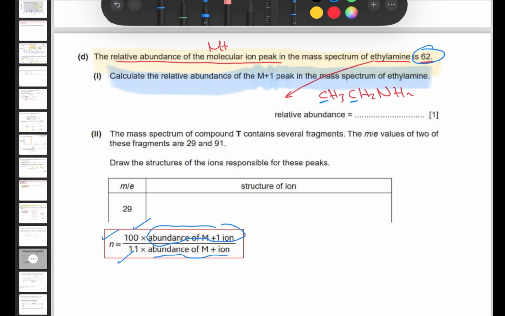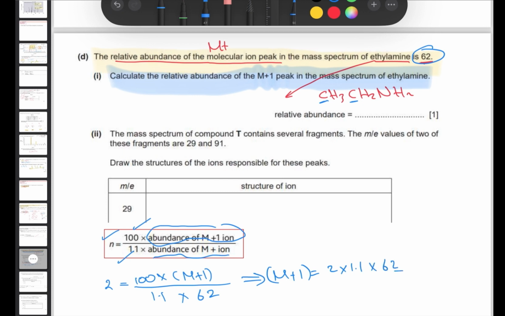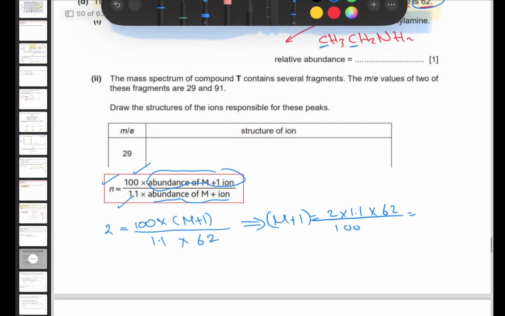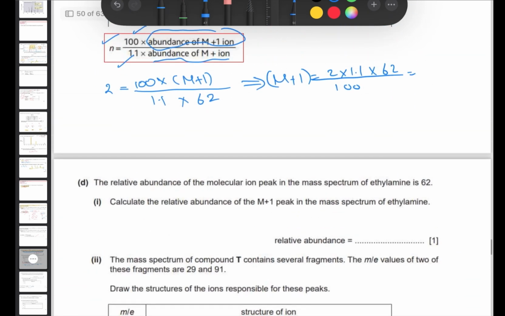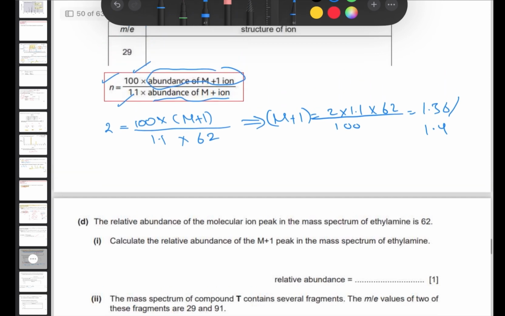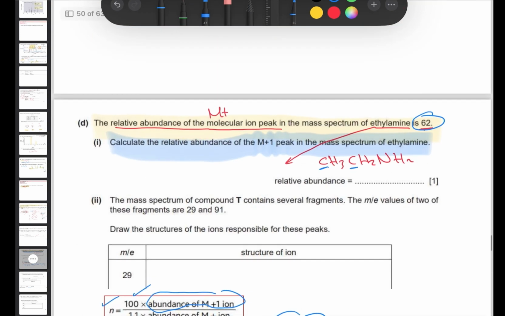So we can say we have 2 carbons, and it's 100 multiplied by M plus 1, which we treat as 1 unit, equals 2 times 1.1 times 62. So M plus 1 is equal to 2 times 1.1 times 62 over 100. The answer is 1.36, or 1.4. So the relative abundance of M plus 1 is equal to 1.4, and it's very, very small with respect to this value here.